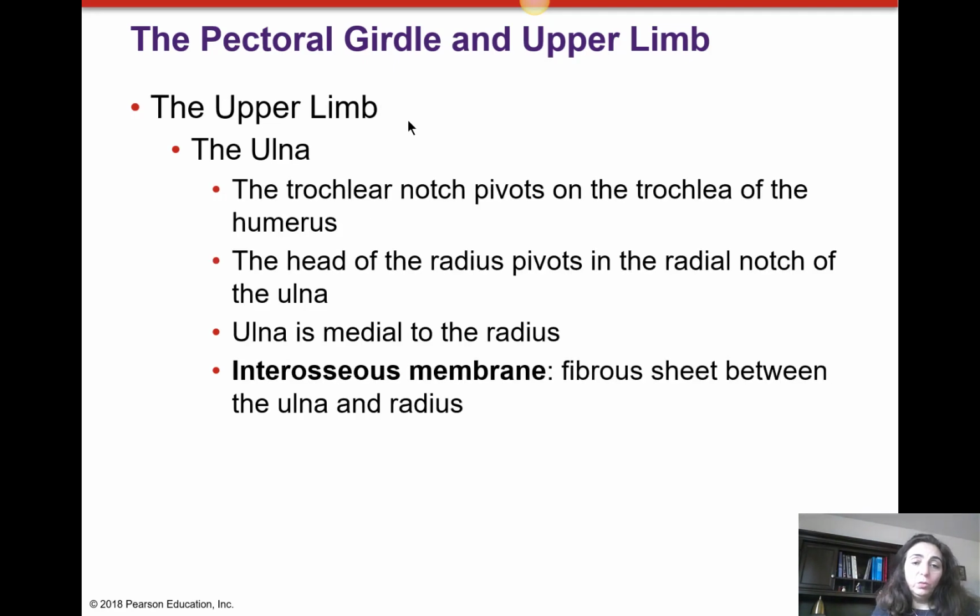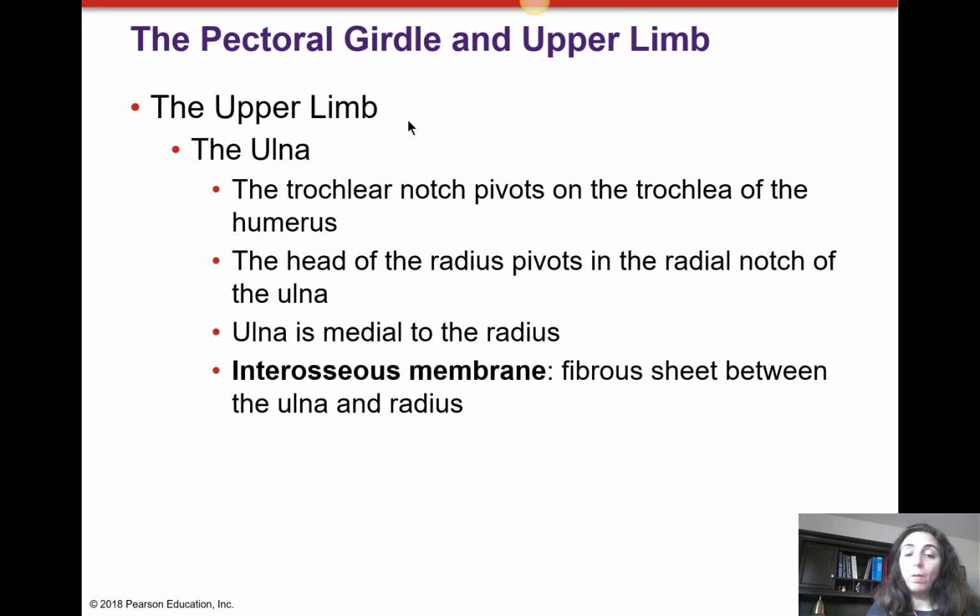So that was regarding the ulna. We talked about the trochlear notch that pivots on the trochlea of the humerus. The head of the radius pivots in the radial notch of the ulna, and the ulna is medial to the radius. Now just know that we have one membrane, the interosseous membrane. Inter means between.